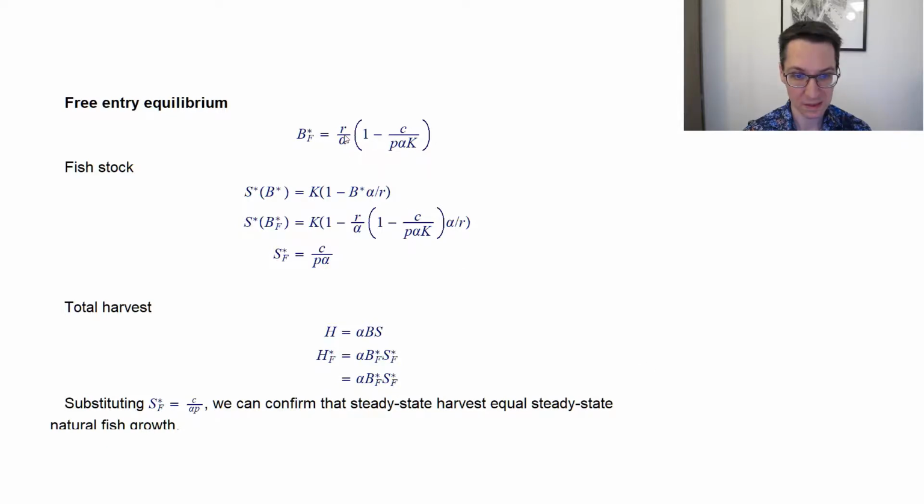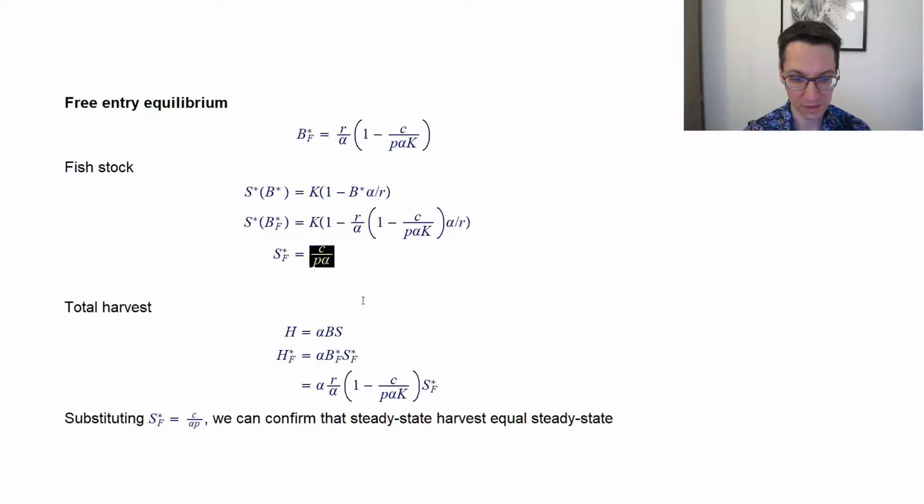So this is this quantity here, and S star of F is this quantity here. So it doesn't simplify all that much. I can't do a lot with that. I can basically simplify the alpha there, but otherwise this is what I get.